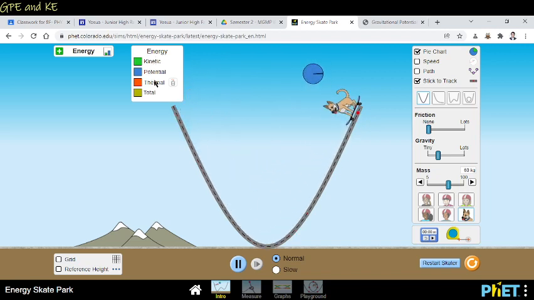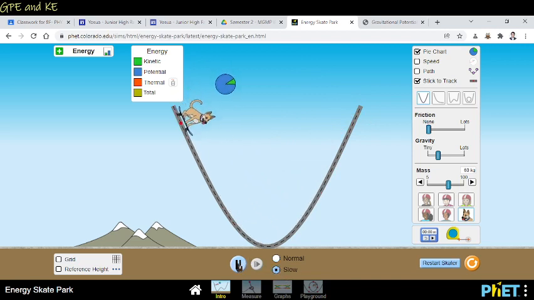Kinetic energy is energy related with movement. An object that has kinetic energy is an object that is moving. So when this dot is not moving, there is no kinetic energy, only potential energy. But when it is released, the potential energy is changed into kinetic energy.